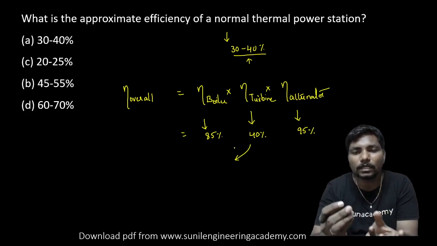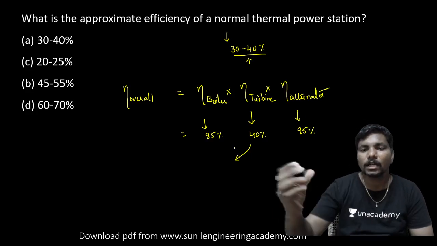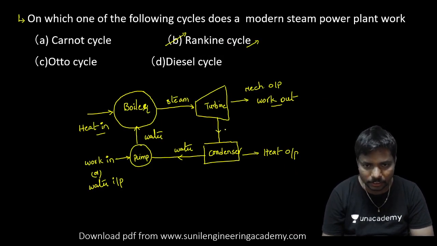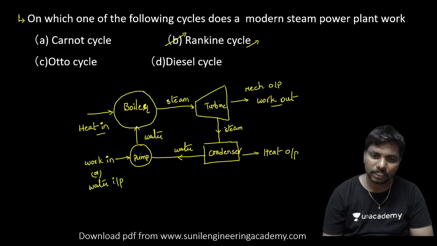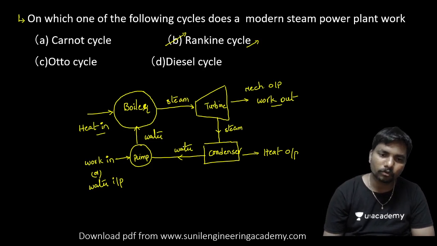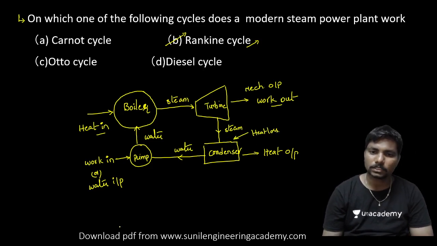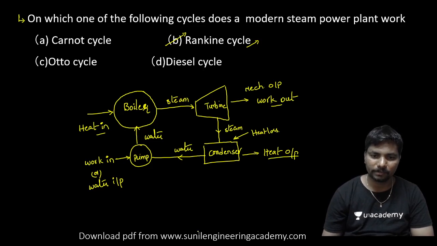Because a lot of heat is wasted at the turbine exhaust. From the turbine exhaust, a lot of heat energy is wasted, and the steam is going to be converted into water. Here heat loss takes place, that is the heat output I have given.